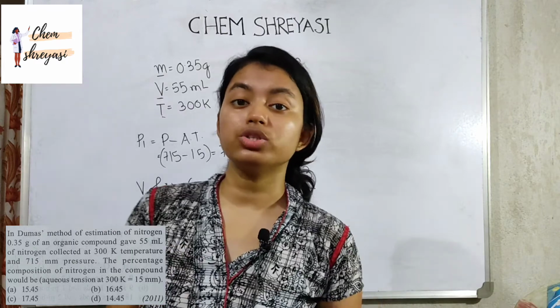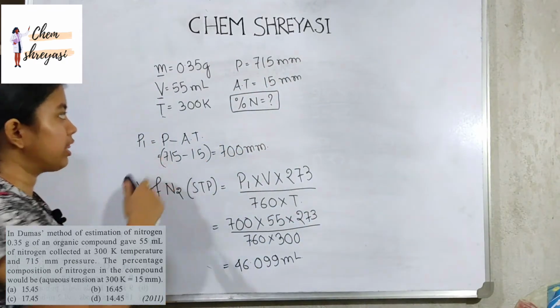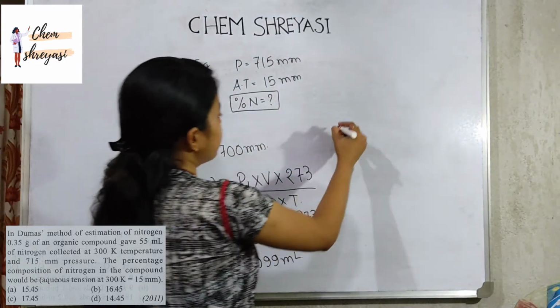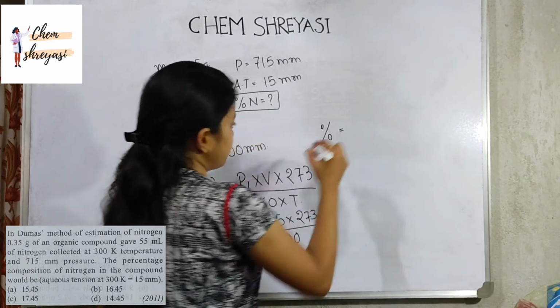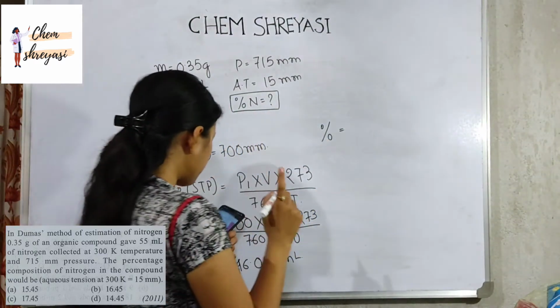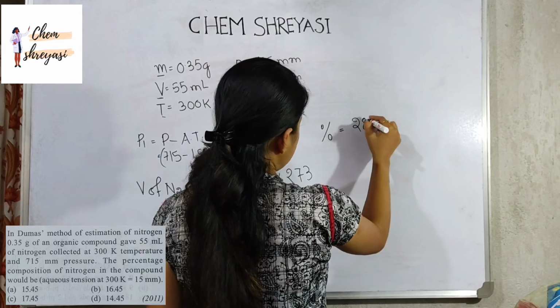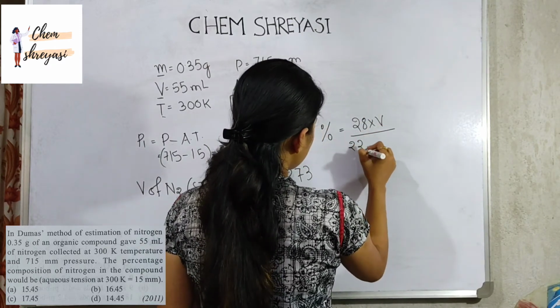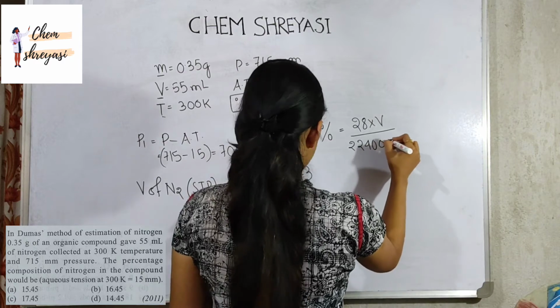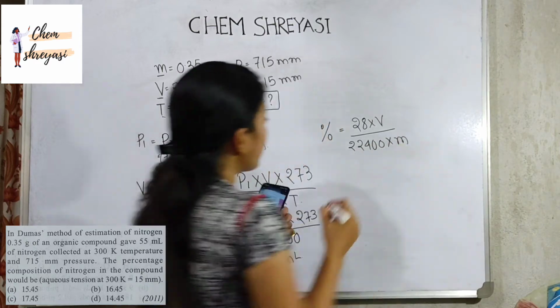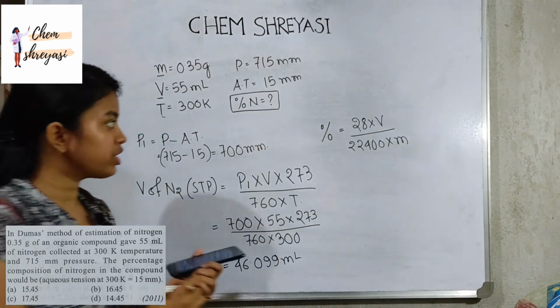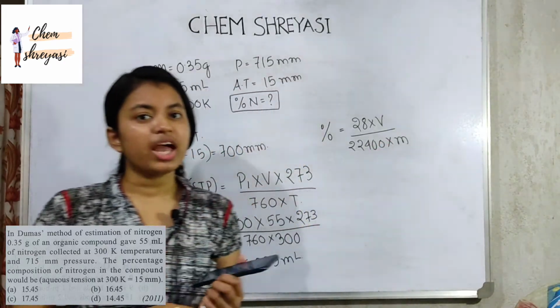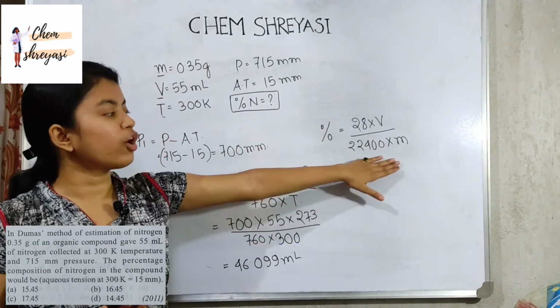Now we have to find out the percentage of nitrogen in this case. For the percentage of nitrogen we have the formula: 28 into V by 22400 into M. In the previous question I elaborated how I derived this one, and this is the shortest method.